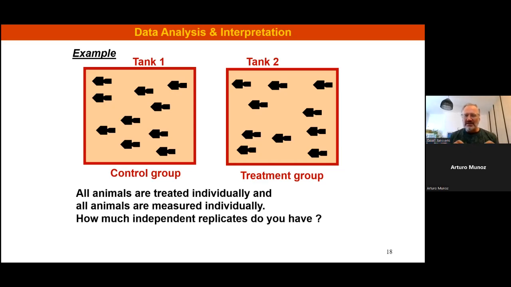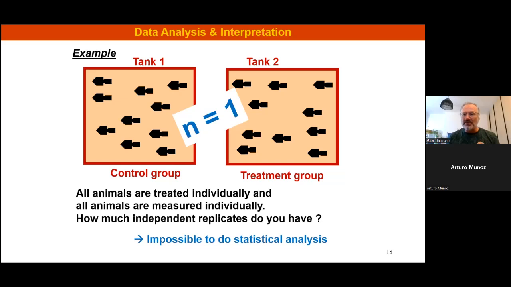If you now start counting the number of fish in every tank, then you're wrong, because the number of replicates is actually 1. With such a setup, you can never do proper statistics, because you don't have independent replicates. Meaning, if something happens to tank 1, for instance, not only is the UV exposure different, but maybe there's some pathogen, some disease coming in, or accidentally something puts a chemical in there, and your animals are doing worse.